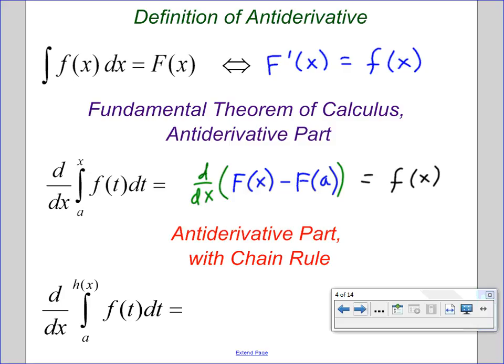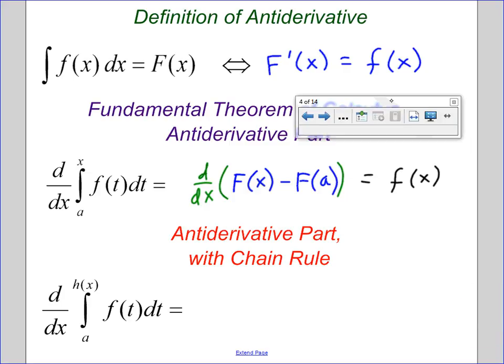So then our antiderivative part of the fundamental theorem of calculus with the chain rule includes the times the derivative of the base. That is, the derivative of that integral expression will be the integrand function evaluated at the upper limit. But because my upper limit is itself a function of x, I'm going to multiply times the derivative of the upper limit. And so this is the chain rule for the antiderivative part.